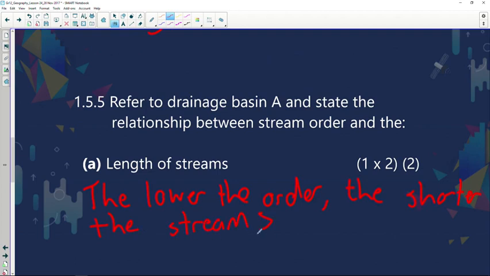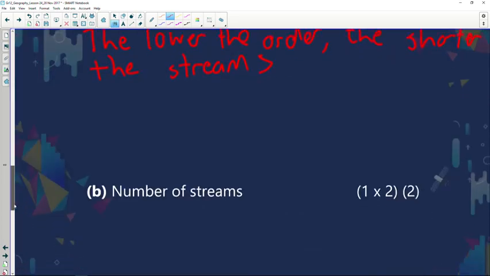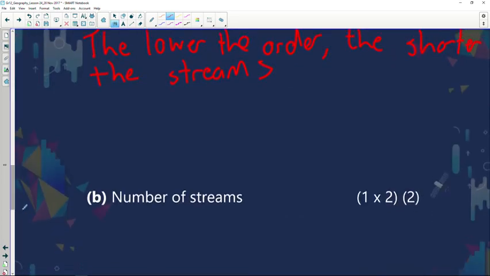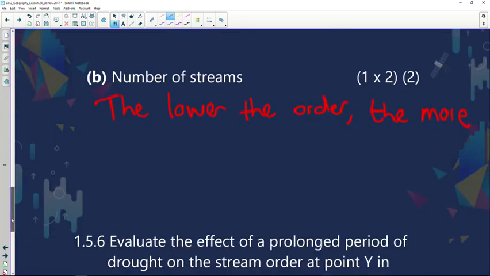And when we see the number of streams, the lower the order, the more the number of streams in that order.